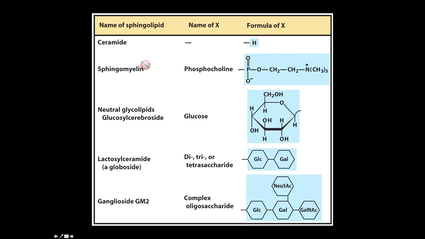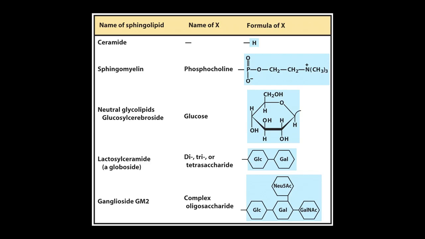Sphingomyelin is a key lipid found in the membrane of the myelin sheaths that insulate the axons of nerve cells, or neurons. You could do some reading about it because it's very interesting stuff.